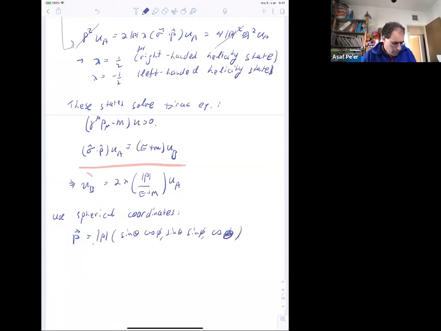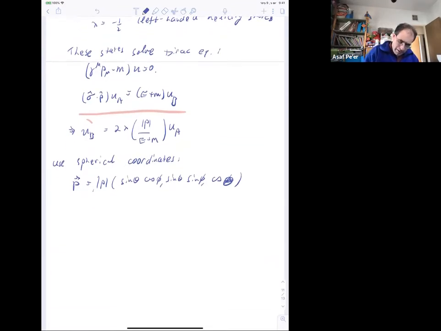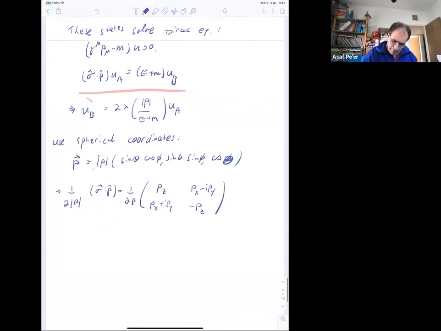And then we can write down the helicity operator explicitly: 1 over 2p sigma dot p is 1 over 2p times the matrix with pz, px plus i py, px minus i py, and minus pz. If you just do it, you find it's 1/2 times the matrix with cosine theta, sine theta e to the minus i phi, sine theta e to the plus i phi, and then minus cosine theta.